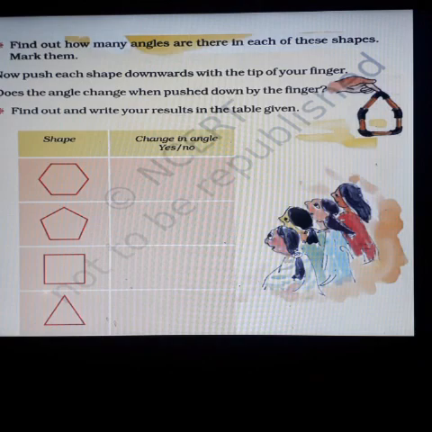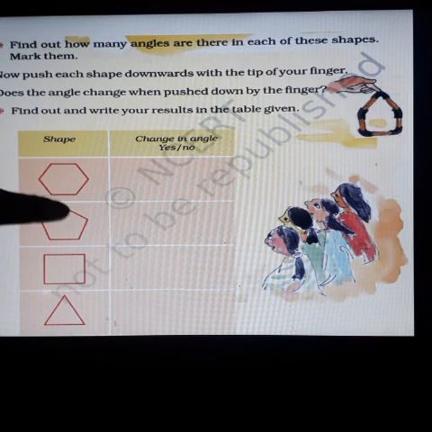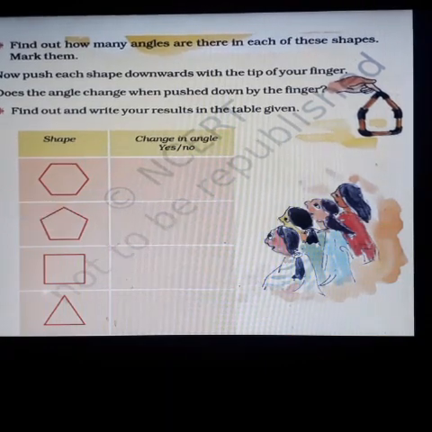So let's take the first shape. First shape is hexagon. If we press from any side, it changes its shape. So the answer is yes. In second number, if we press from the top of the pentagon shape, it does not change its shape.